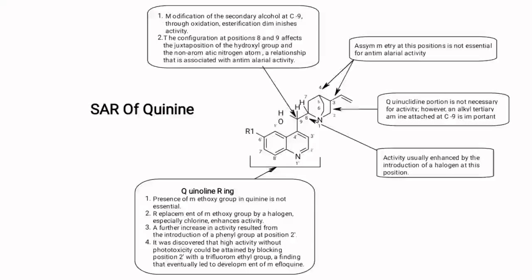From cinchona we got a lot of medicines, lots of active constituents which are still active and widely used in different kinds of diseases. So, the structure-activity relationship of quinine. As you see, there is a basic structure of quinine.